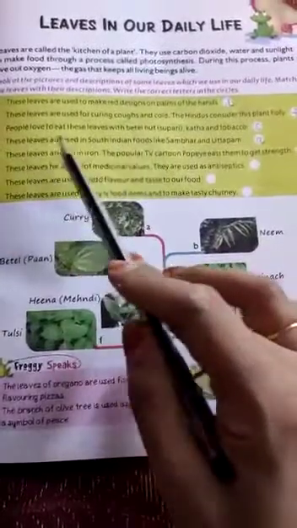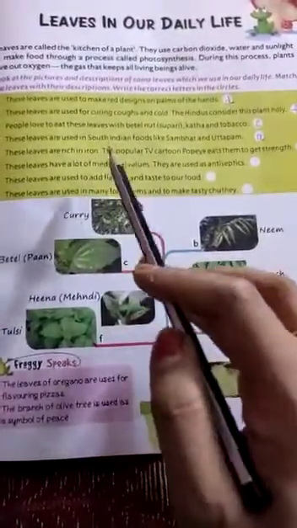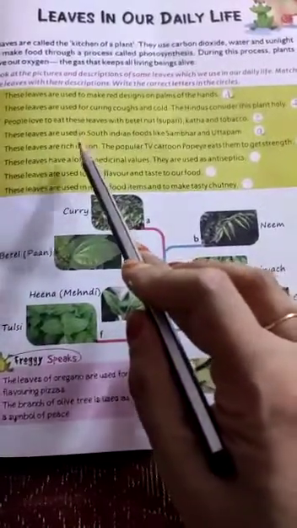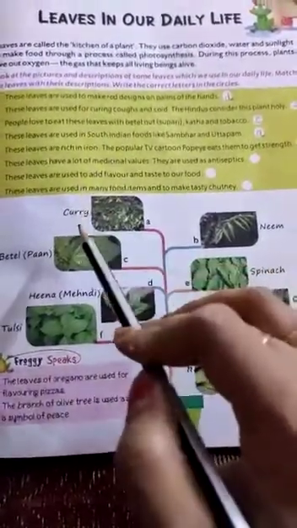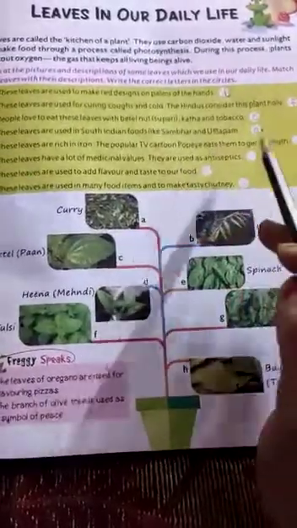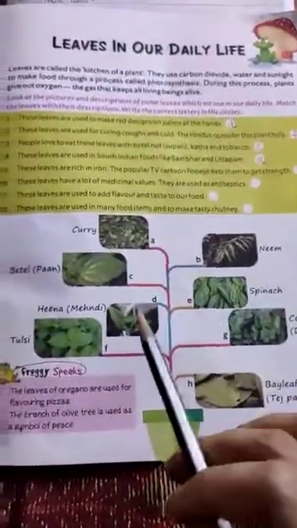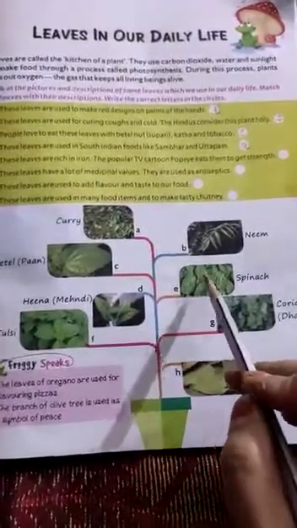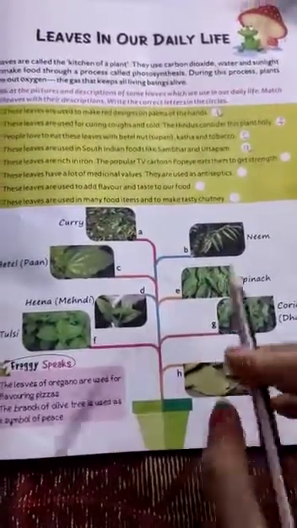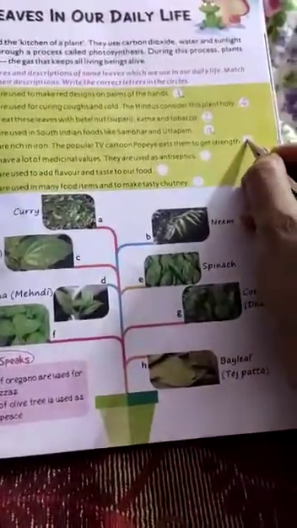So these leaves are basically used to prepare curries, and we get rich iron from them. This leaf is none other than spinach. Spinach has the letter E. So we will write E over here.